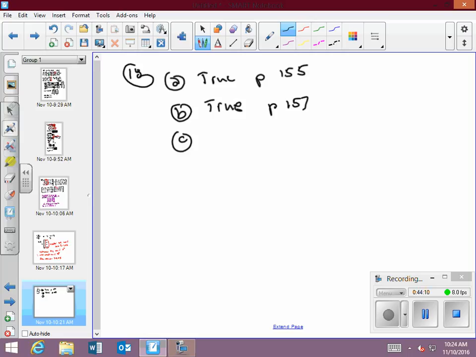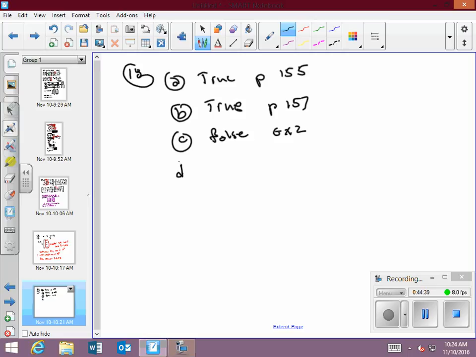That's example 2, and that's where it tells you that. So this is false. If you look at example 2, it will explain it.